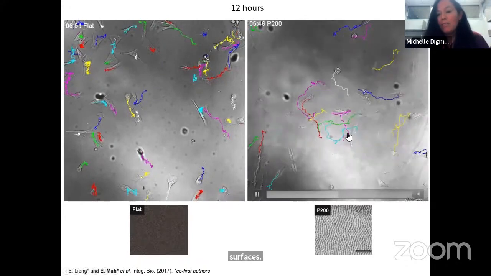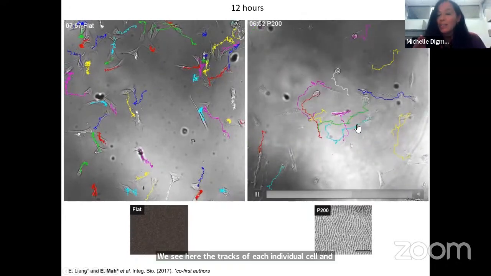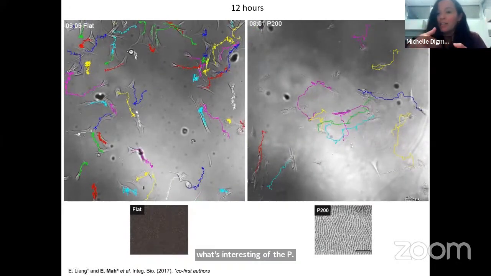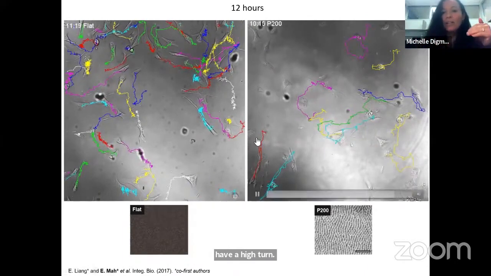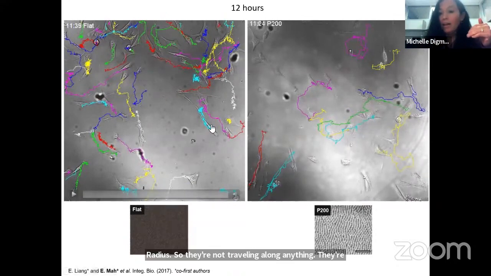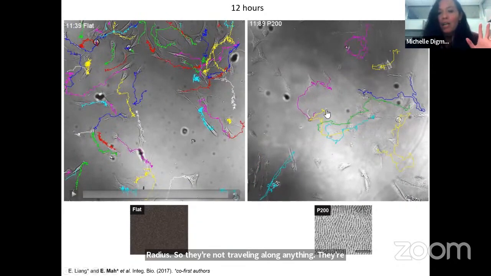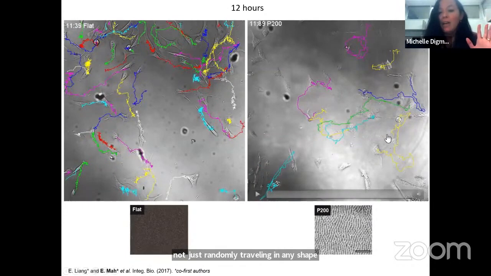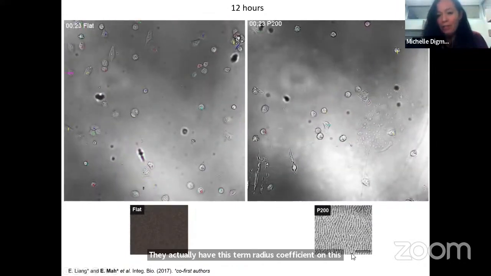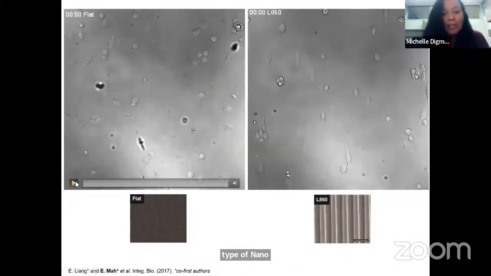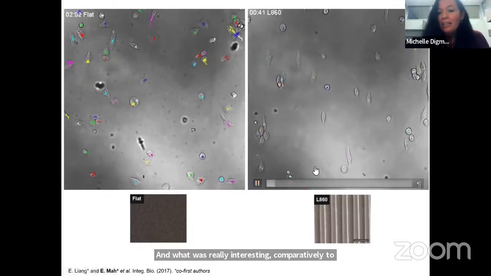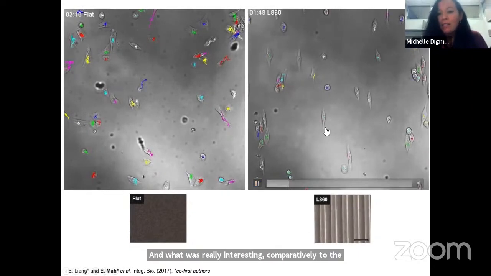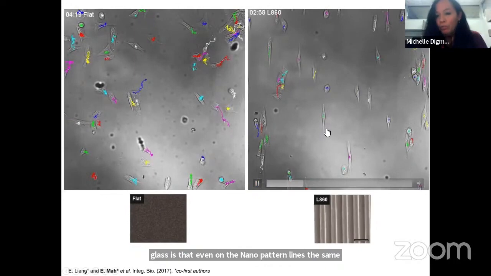And what's interesting on the P200, and I'm showing you here, is that the cells actually have a high turn radius. So they're not traveling along anything. They're not just randomly traveling in any shape. They actually have this turn radius coefficient on this type of nanosurface on the cicada wing. And what was really interesting comparatively to the glass is that even on the nanopattern lines, the cells align themselves along the microgrooves.